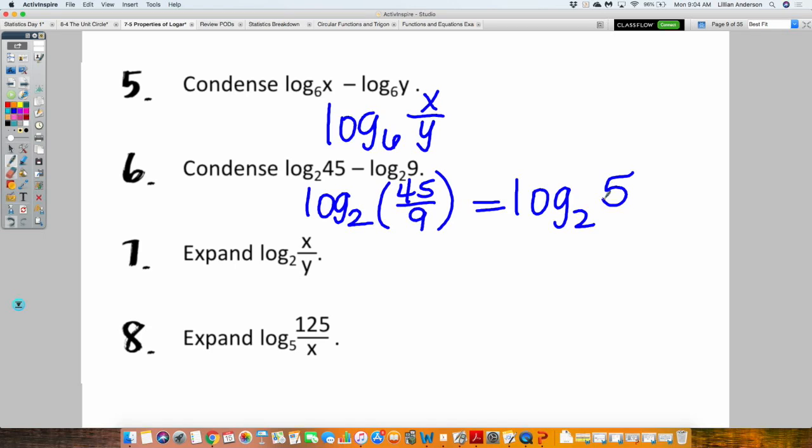All right. And then to expand them, anytime you see division, you can expand it using subtraction. So this becomes log base 2 of x minus log base 2 of y. Okay? What about the one at the bottom?